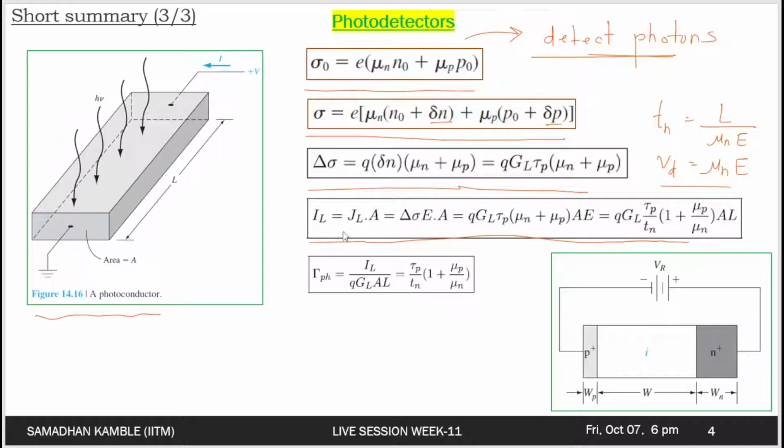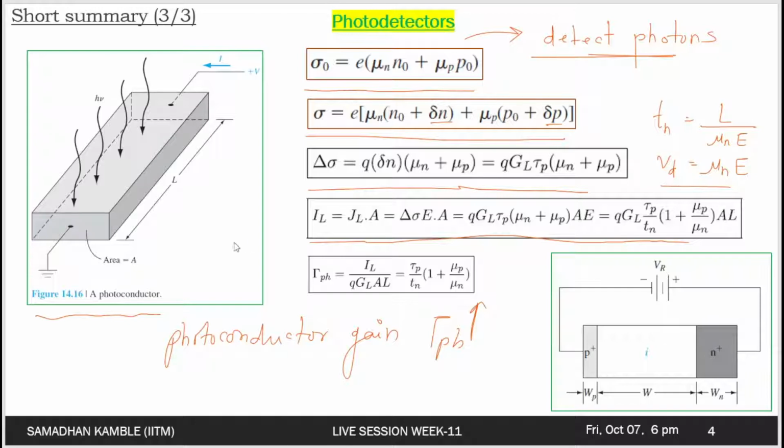Also we may define another important parameter, the photoconductor gain, lambda ph. It is the ratio of the rate at which charge is collected by the contacts to the rate at which charge is generated within the photoconductor.